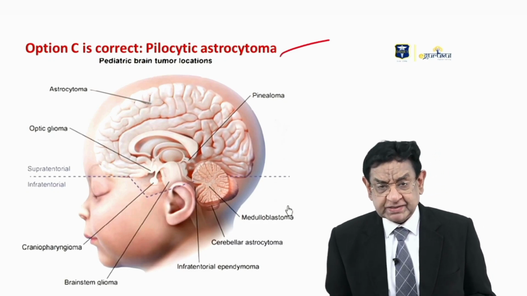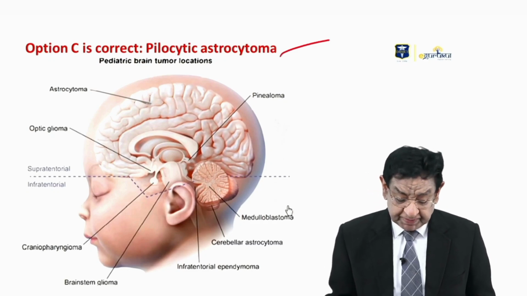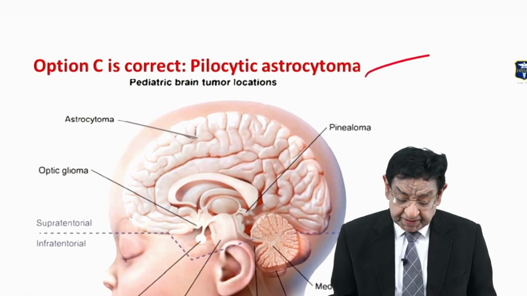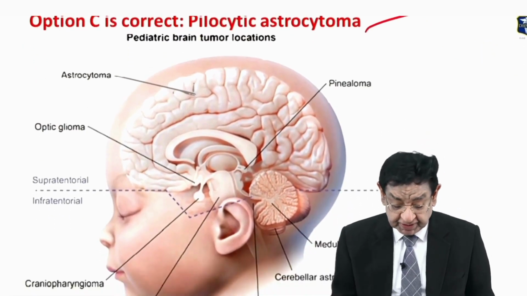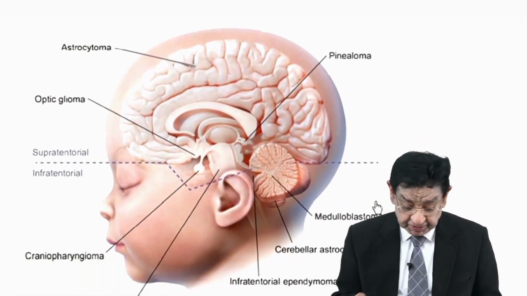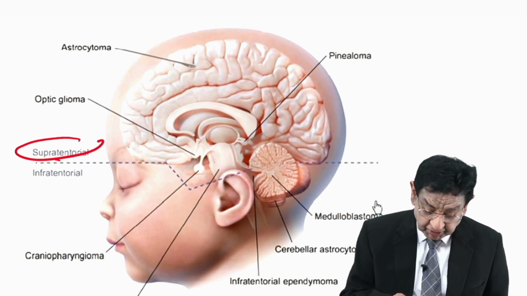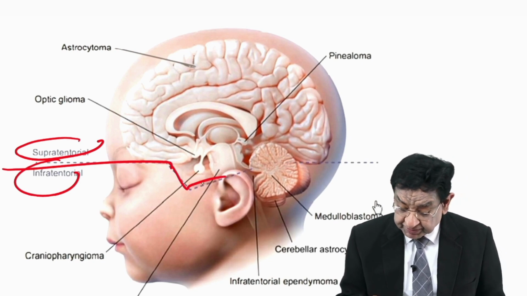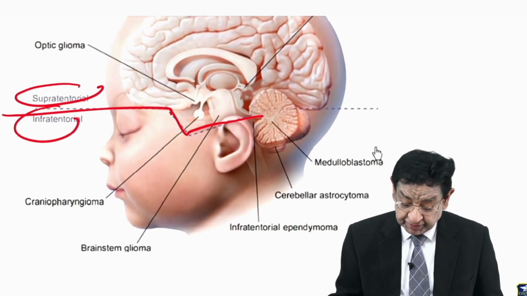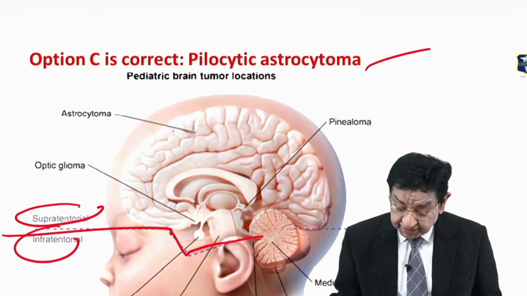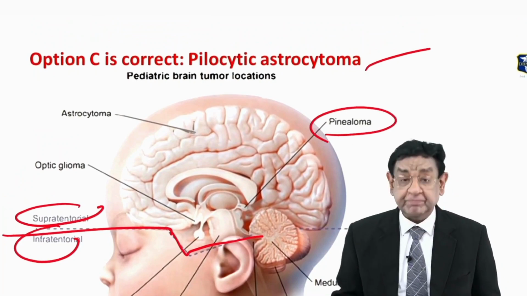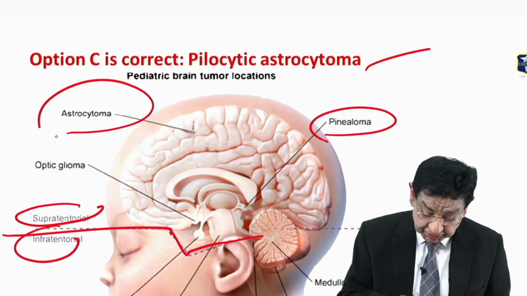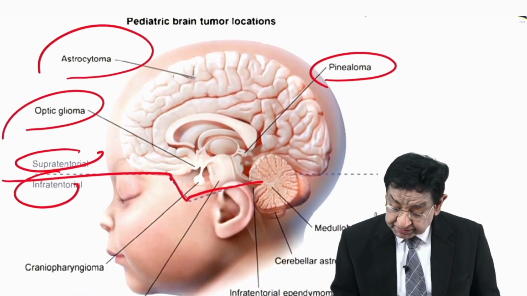But before I discuss this question, let me tell you some basic concepts about pediatric brain tumors. We broadly classify them into supratentorial or infratentorial. This is the boundary line that you can see. Supratentorial tumors include tumors of the pineal gland, astrocytoma, optic gliomas.